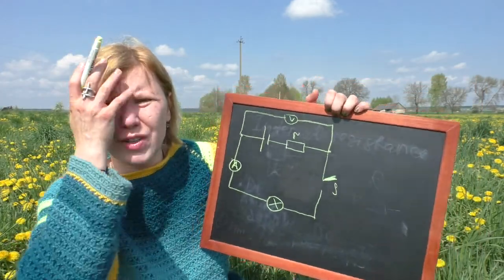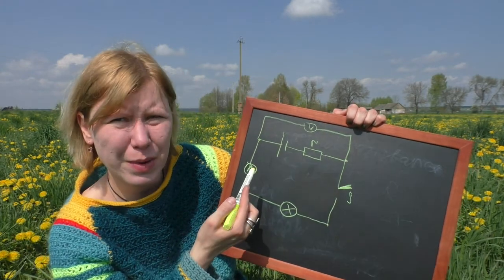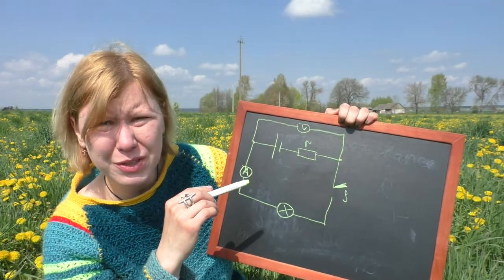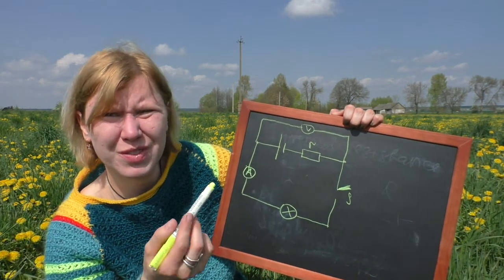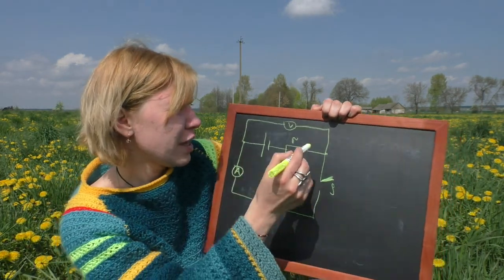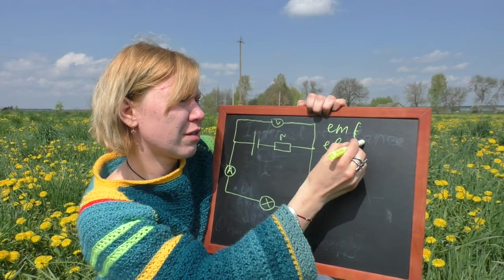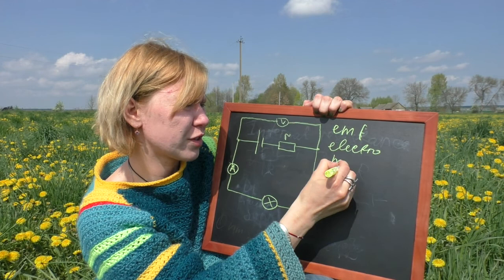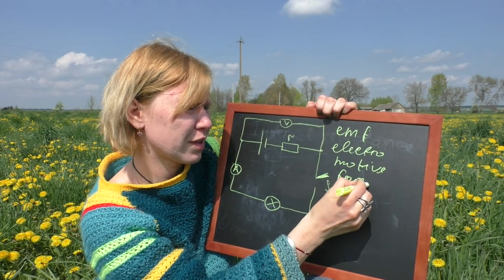So what is going on now? When we have such voltage provided by a direct current power supply, we don't call it just voltage. We call it EMF, electromotive force.